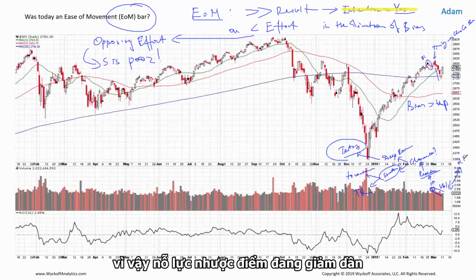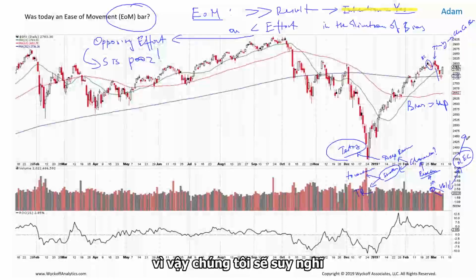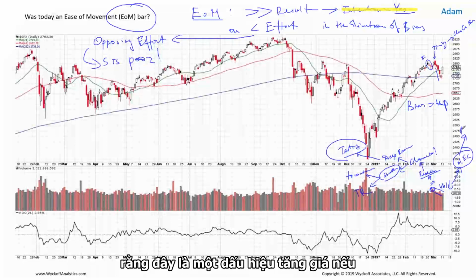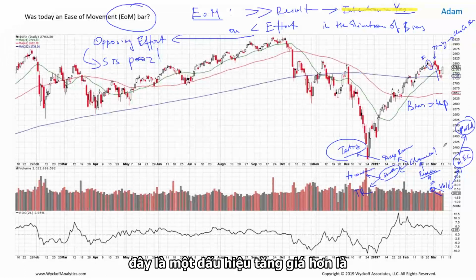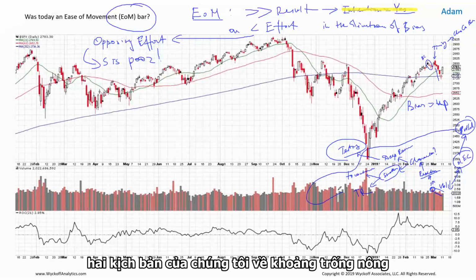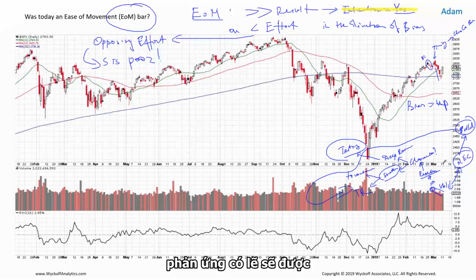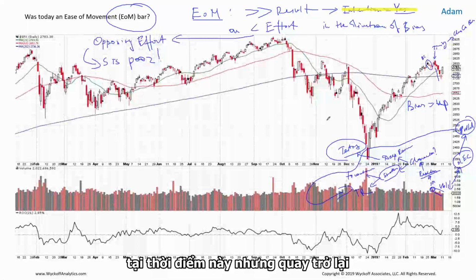So the downside effort is diminishing. Therefore, we would be thinking that this is more of a bullish sign. If this is more of a bullish sign, then our two scenarios on the shallow reaction are probably going to be working much better at this point of time.